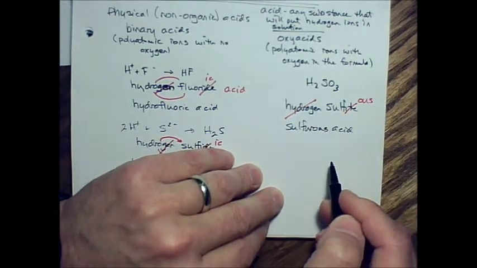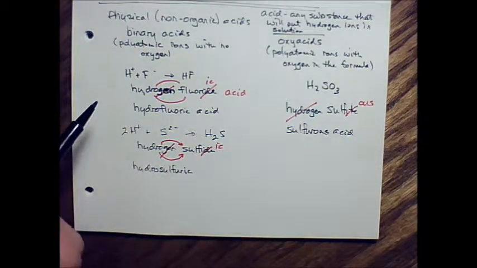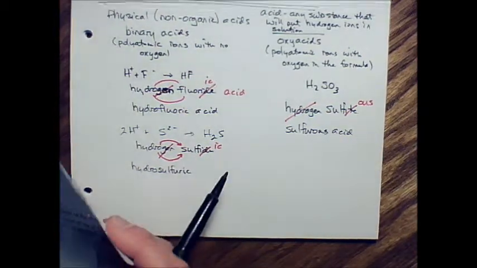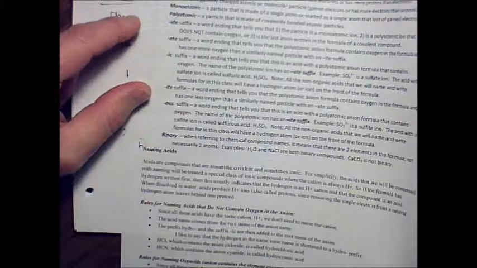Okay? So we drop hydrogen off any acids that have polyatomic oxyanions. Now, the ATE and IC stuff is all up here in the definitions. Make sure you read the definitions and get this worksheet done tonight, okay?